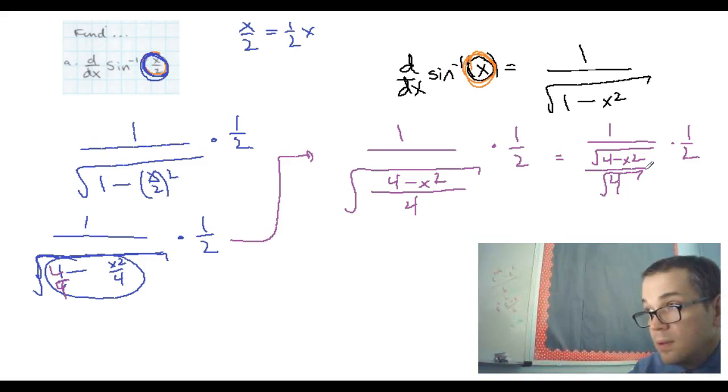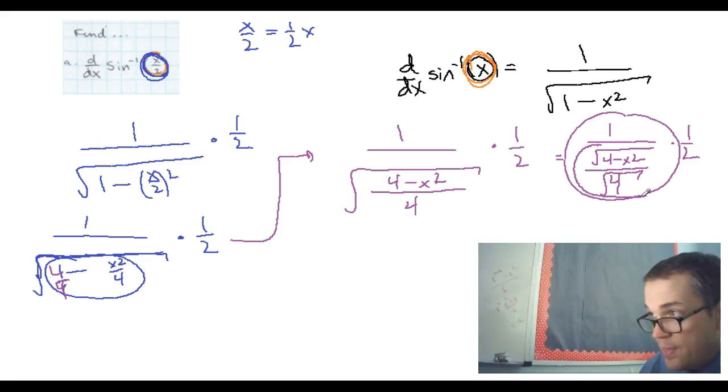And now, I'm going to use that trick where if I have 1 over some stuff, it's the reciprocal of that stuff. So this whole thing I could think of as the reciprocal of this, and the reciprocal of that is square root of 4, which is 2, over the square root of 4 minus x squared.